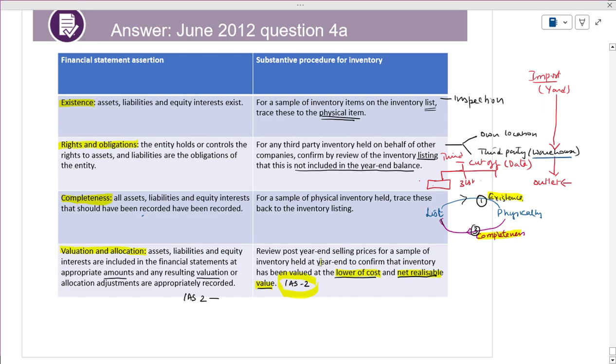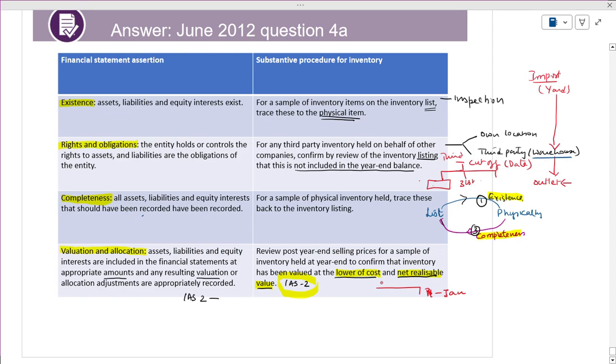What they say: review post-year-end selling prices for a sample of inventory held at year end to confirm that it has been valued at the lower of cost or net realizable value. When we talk about post-year-end selling prices, that means after 1st of January.